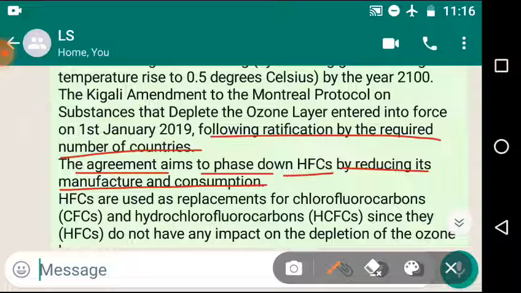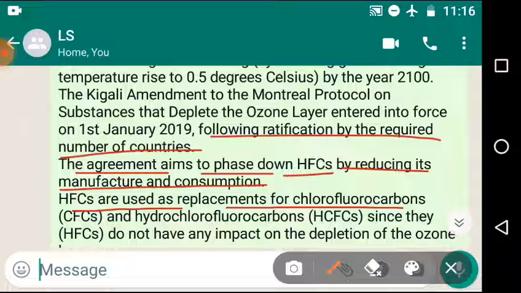Hydrofluorocarbons are a replacement for chlorofluorocarbons. When the Montreal Protocol said to minimize the use of chlorofluorocarbons, they made some scientific improvements to use an alternate substance that would replace the chlorofluorocarbon, and they started using the hydrofluorocarbon.